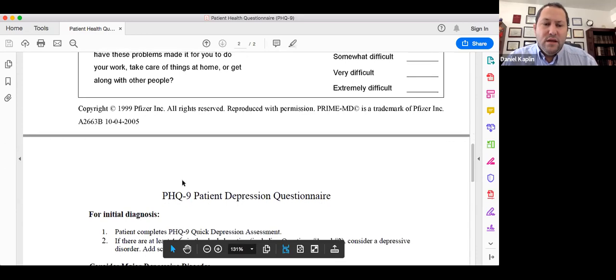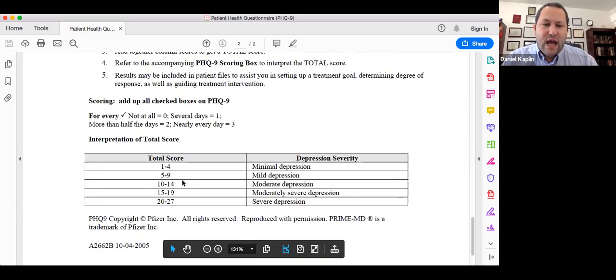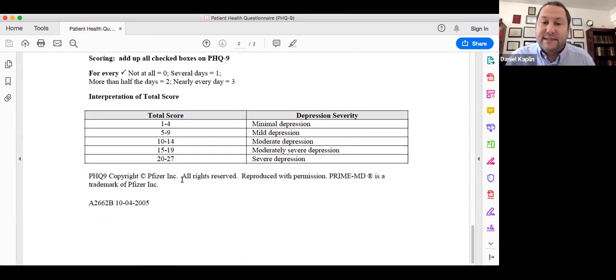And then, just to give you a sense of how we make a determination on the specifier, if the person's score is 1 to 4, we consider that minimal depression. 5 to 9, it's more mild. 10 to 14, it's moderate depression.